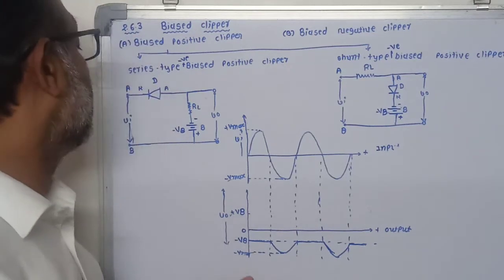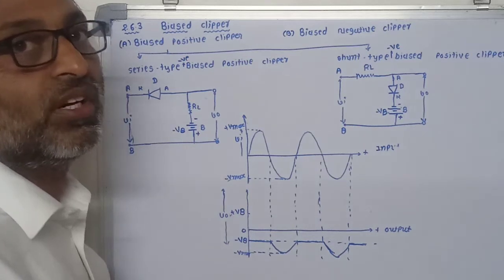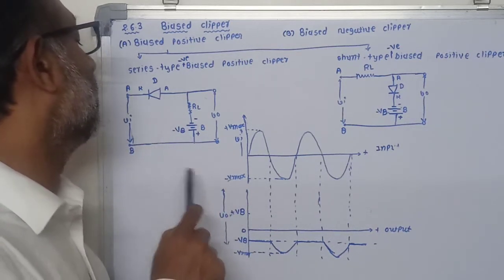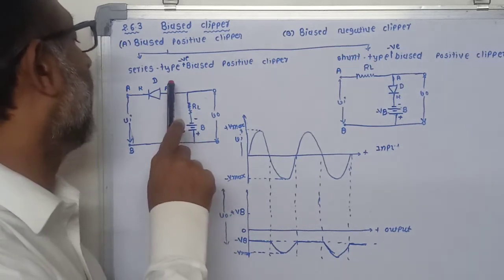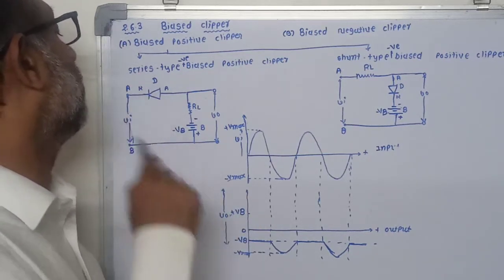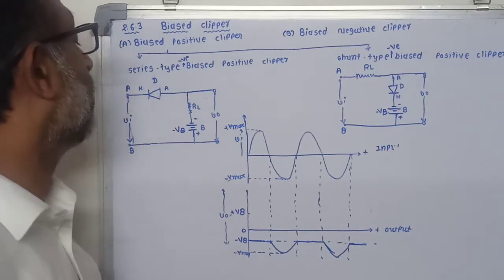Now when the value of this reverse voltage is increased and becomes greater than the battery voltage, at that time the diode's anode terminal gets higher potential than the cathode potential, and it will turn on and act as a closed circuit.